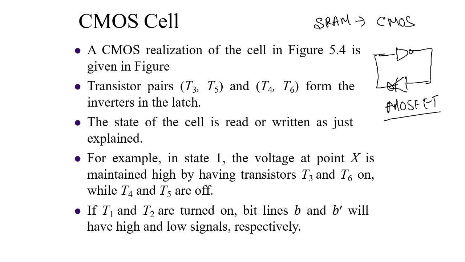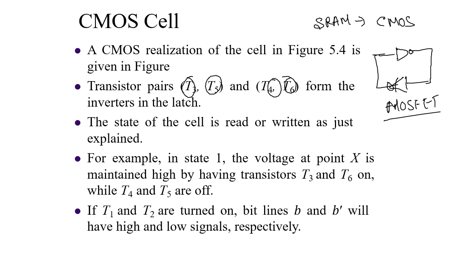Metal oxide semiconductor field effect transistors are used, and the transistor pairs T3 and T5, T4 and T6 form the inverter latch. The read and write operations will be performed in the same way as explained previously.